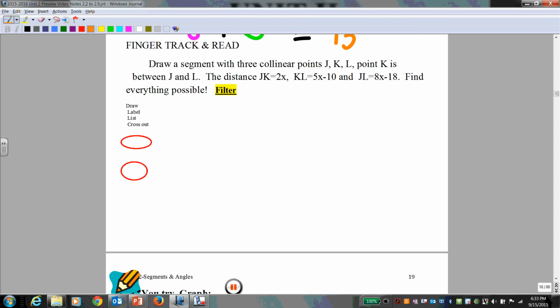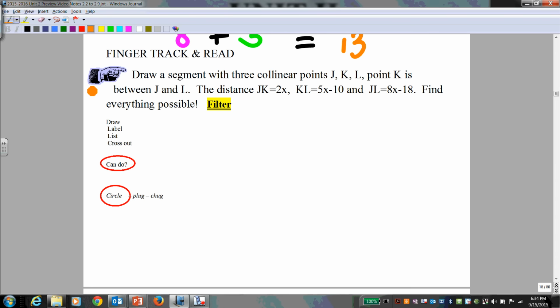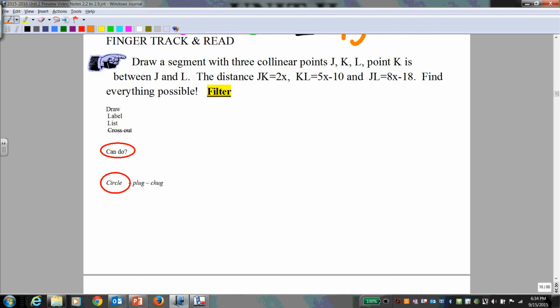Let's actually do a problem here. It says, draw a segment with 3 collinear points, J, K, and L, where point K is between J and L. The distance JK is 2x. The distance KL is 5x minus 10.